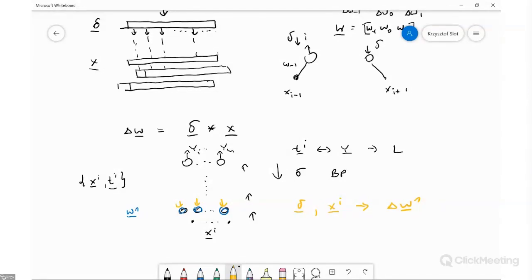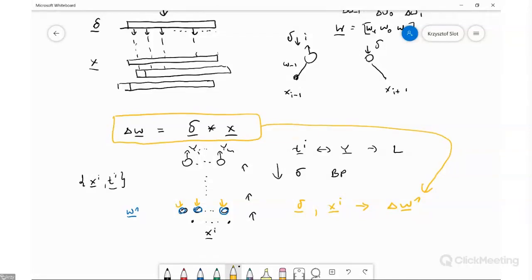And this update is just a convolution. So this is basically this update. This is the update that I will be doing for these neurons. So this is what I will be computing.